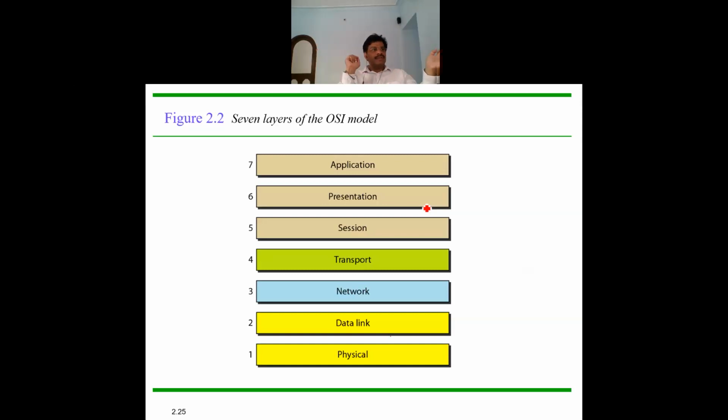The topmost layer in this OSI model is the application layer. The sixth layer is the presentation layer. We will be seeing the functioning of all these layers in all our coming lectures, because all our units are based on the facilities, functions, protocols, and procedures that are designed based on a specific layer of the OSI model.